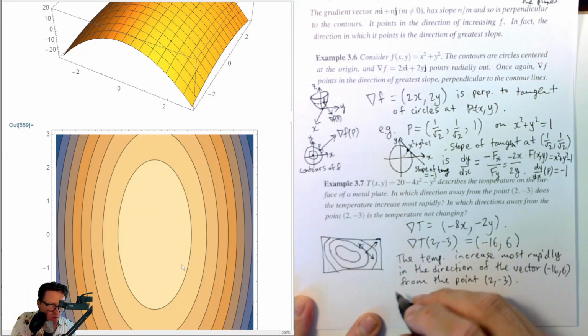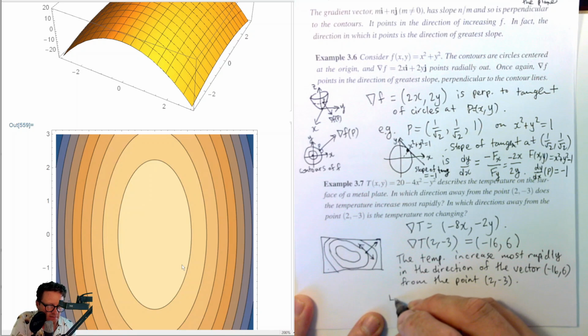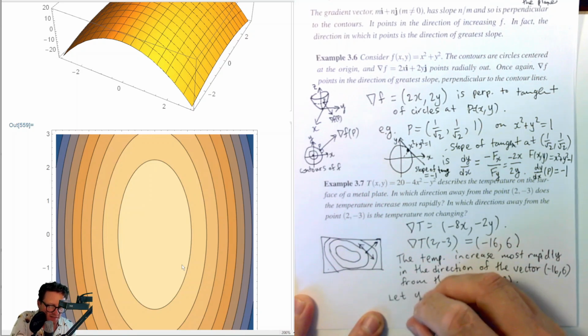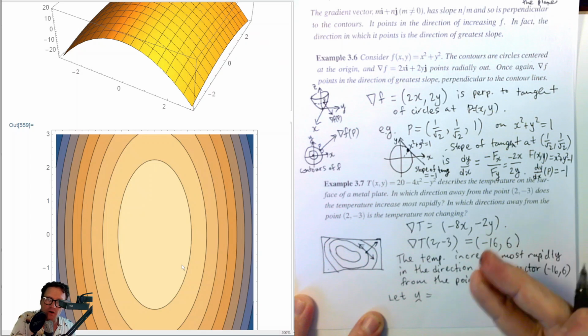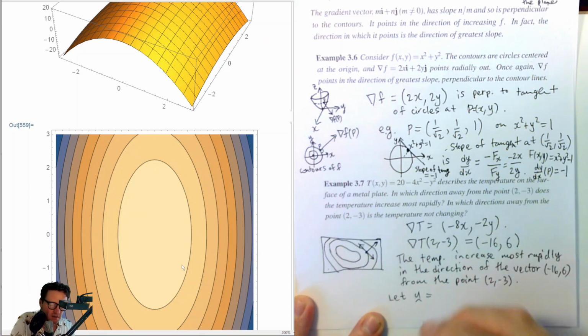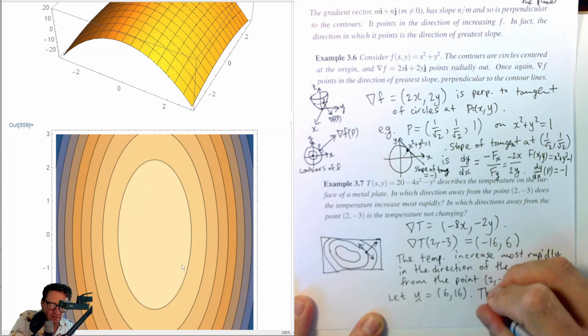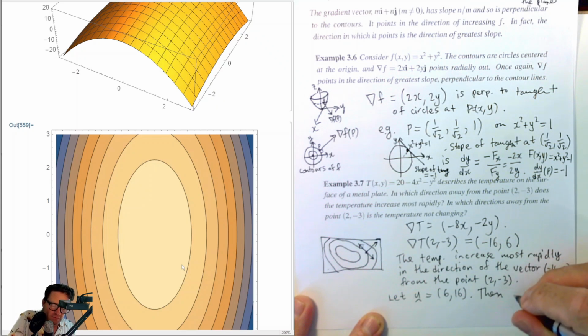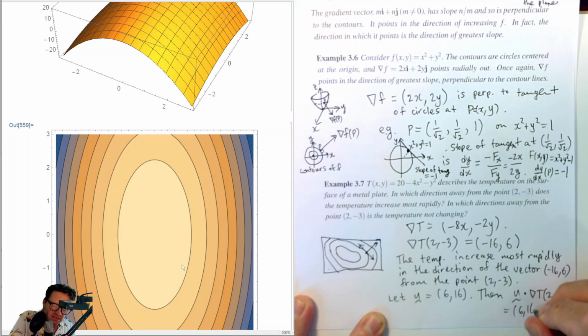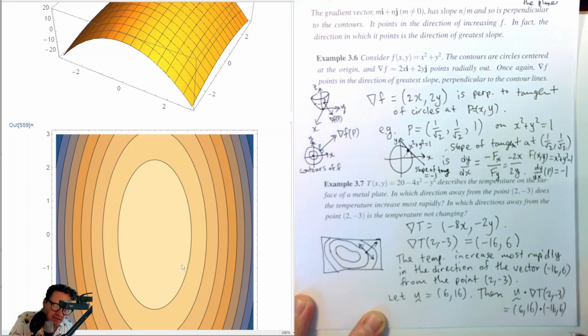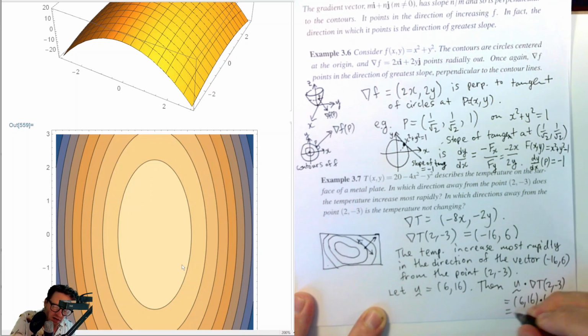All right, so let's note that, so let, I don't know, vector u be equal to the vector, now I'm just going to swap these and put a minus sign on one, so that we get a dot product equal to 0, so (6, 16). Then u dot grad T at (2, -3) is equal to (6, 16) dot (-16, 6), and I've chosen that so that this dot product is 0.